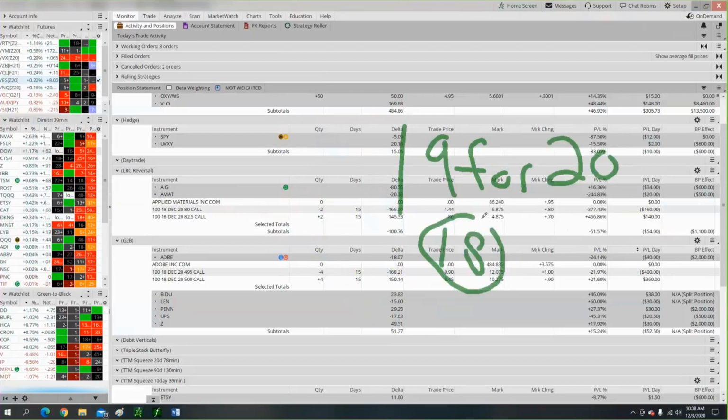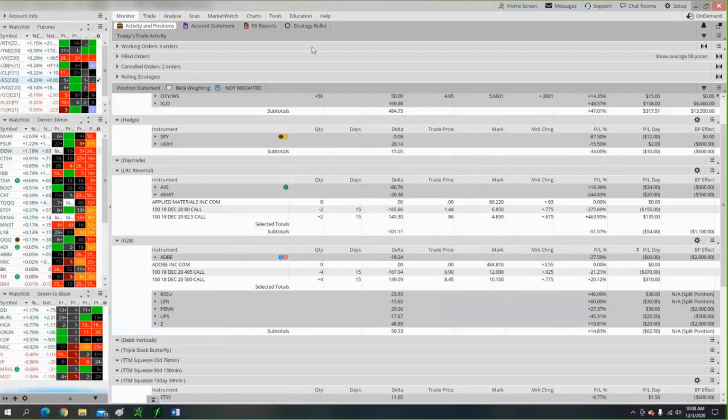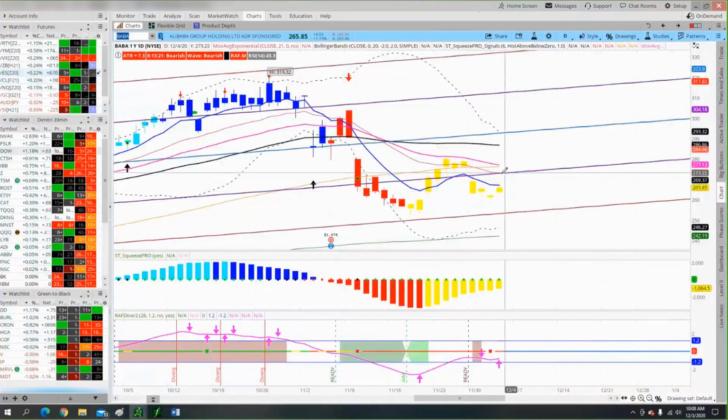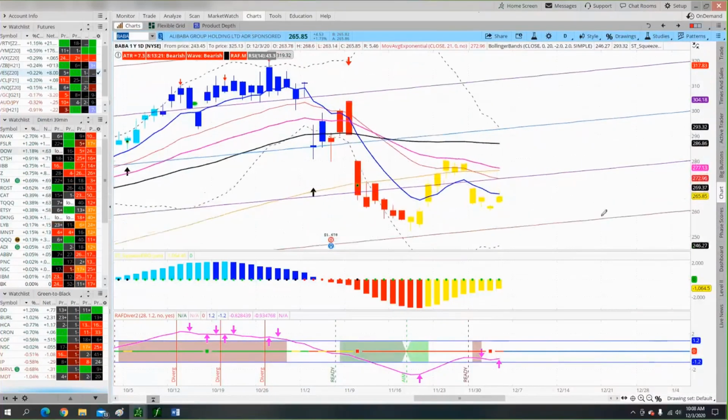Maybe worst case scenario, 18 for 20. And I believe I've put every single one of these trades on in class. But again, I'm trading my plan, right? How am I going to trade BABA? Well, if BABA comes up to this line, gives me an inside bar, why not take it to the downside or just wait for green to black?